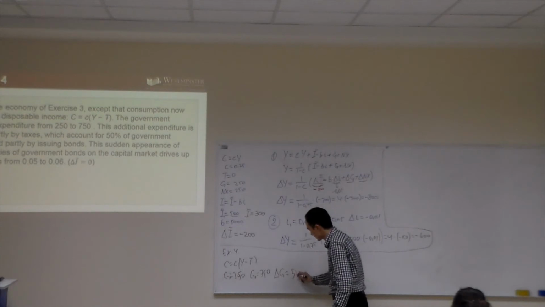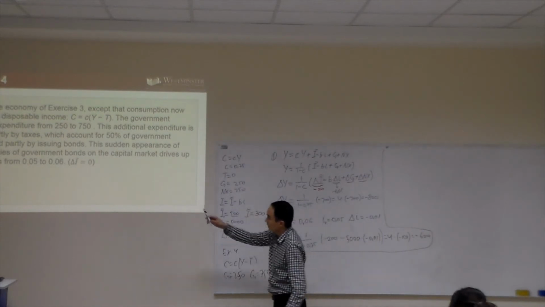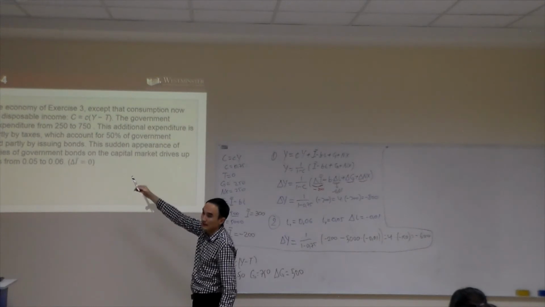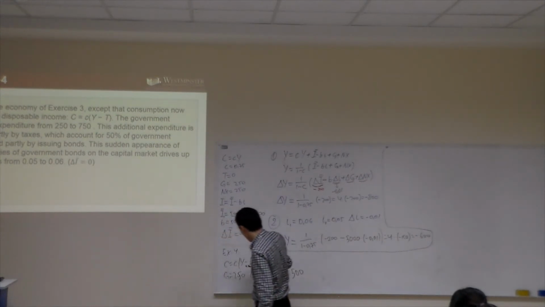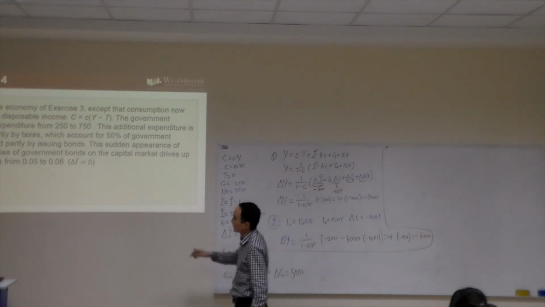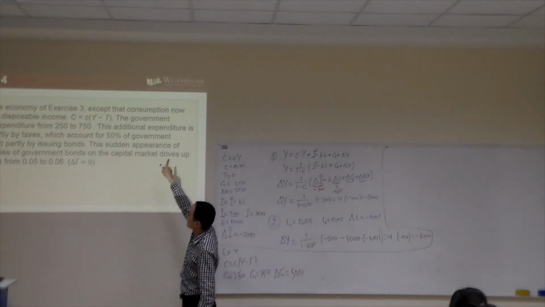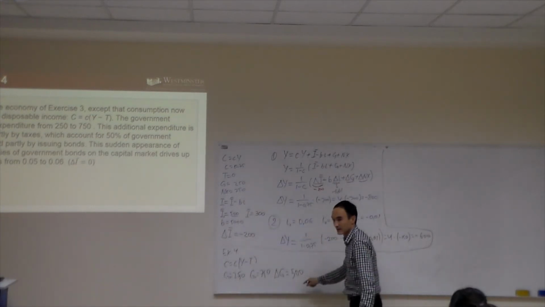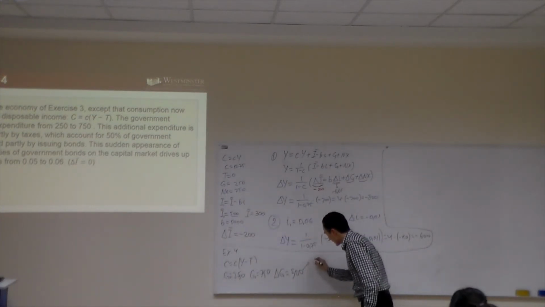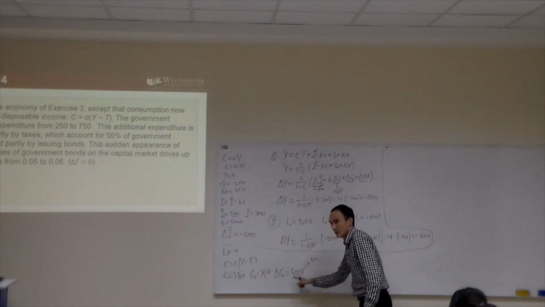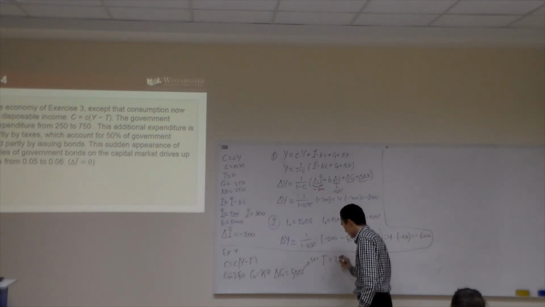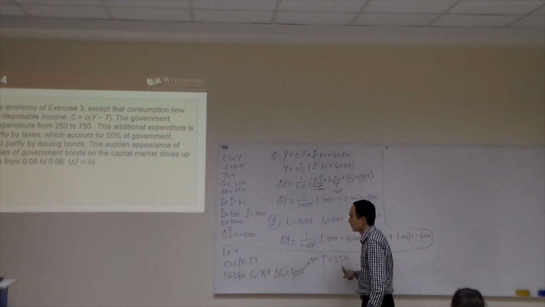So the change in government expenditure now is 500. This additional expenditure is financed partly by taxes, which account for 50% of government revenue. So it's 50% of 500, which means that 50% of this change comes from tax, which is equal to 250.